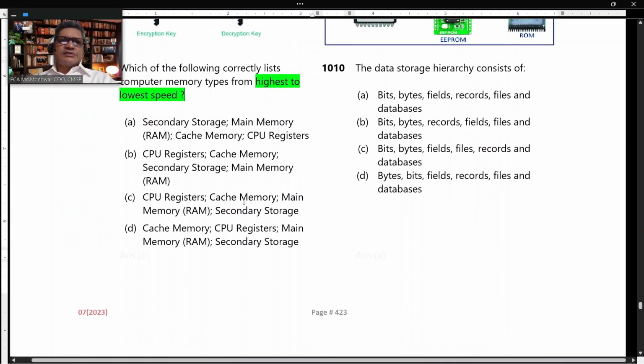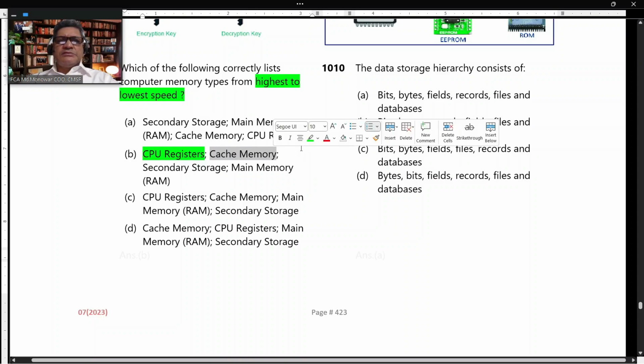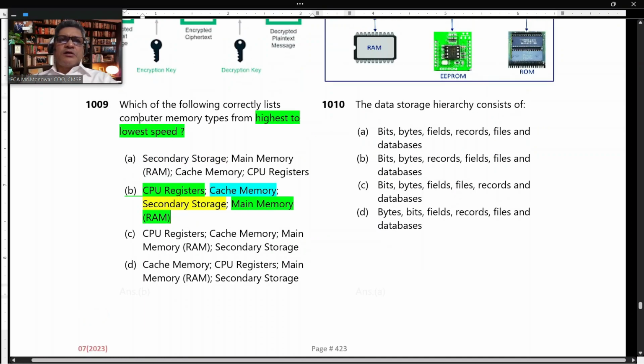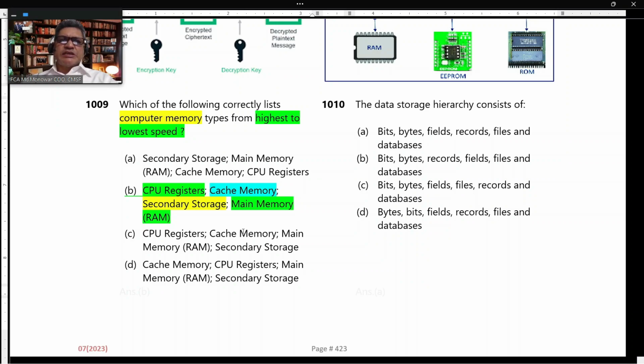So the answer is CPU register, then cache memory, then secondary memory, then main memory or RAM. So here is highest speed to lowest speed of computer memory. Your answer is B.